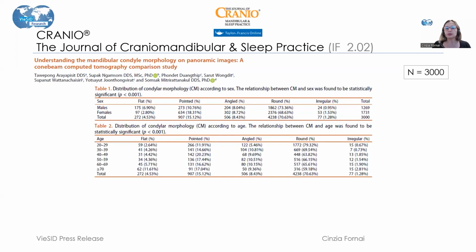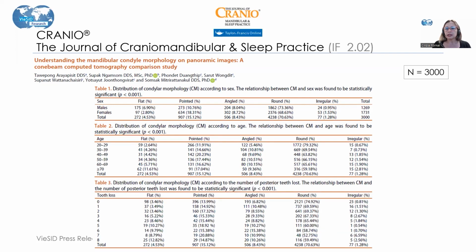They also observed an increased prevalence of flattening in older subjects and noticed an increase in flattening corresponding to an increased number of missing teeth. So the results by age and missing teeth are in agreement with previous studies.